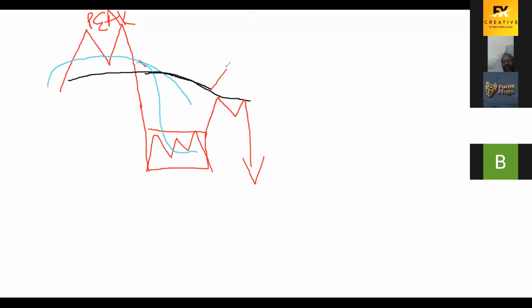This will be the 200 EMA. This will be the 50 EMA.